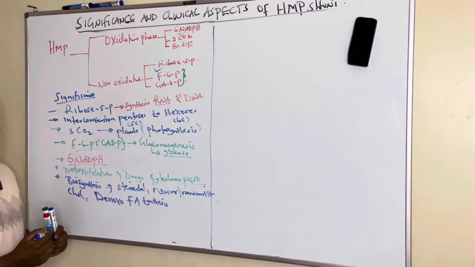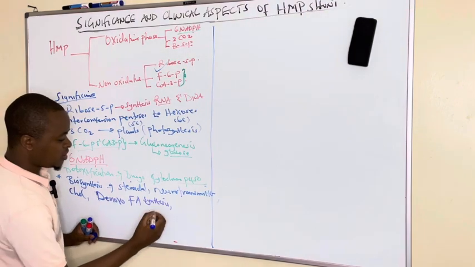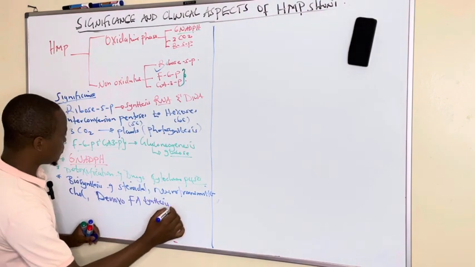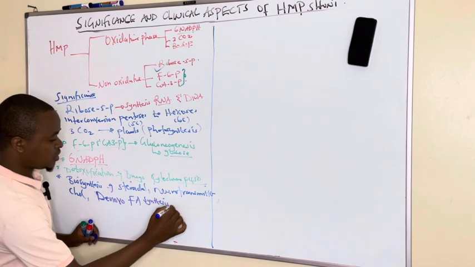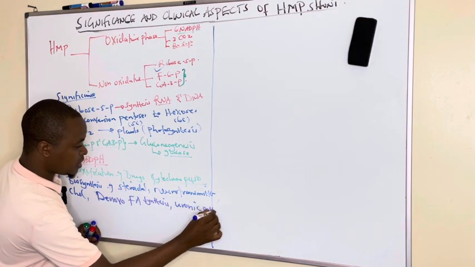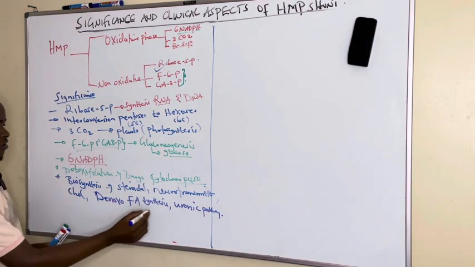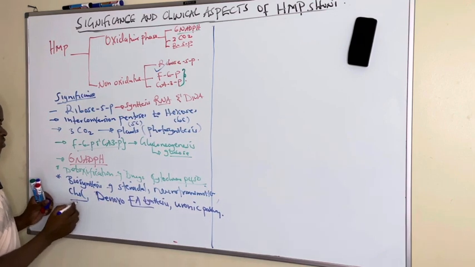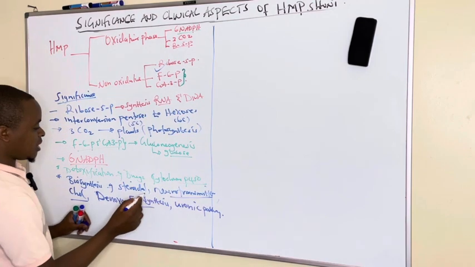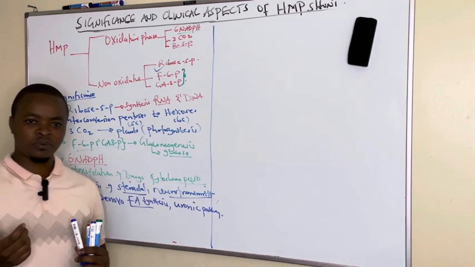So these are the processes that are supported by NADPH, including the uronic pathway, which also utilizes NADPH. So synthesis of fatty acids, synthesis of cholesterol, synthesis of neurotransmitters, steroid hormones, all of these utilize NADPH.